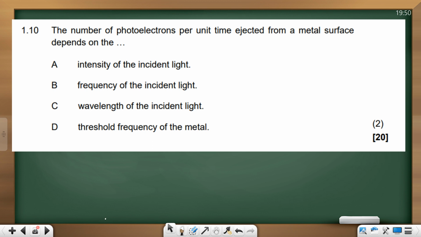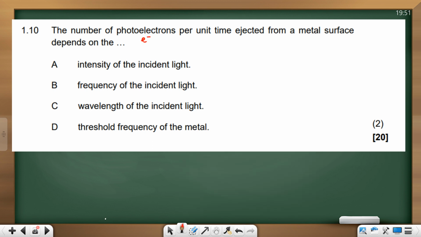You see, when you see the word photoelectrons, don't let it confuse you. We are still referring to what? Electrons. Okay? The number of photoelectrons, quickly. This thing simply means electrons.